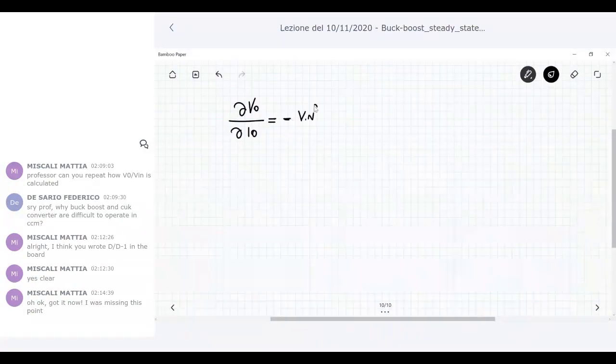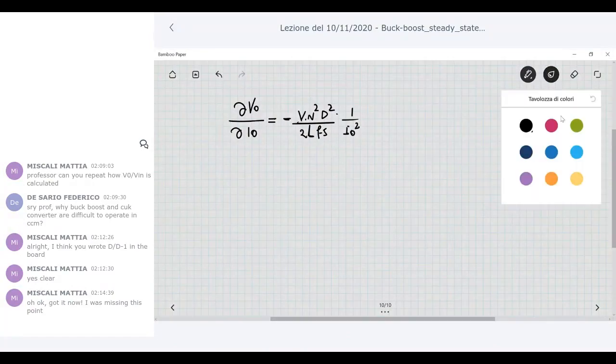Basically you have some constants, V in square, D square, 2L Fs, and then you have 1 over I naught square. And the minus is due to the derivative.